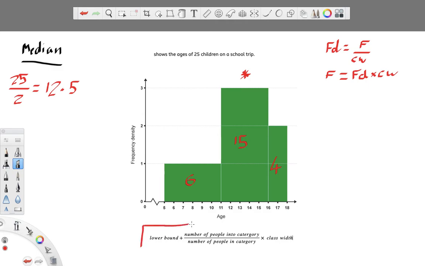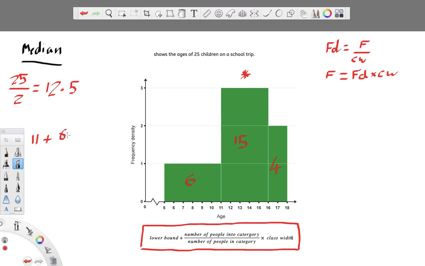So this is to calculate an estimate of the median. We take the lower bound of the category it's in. That's 11. So write that over here, 11. And then we add to that the number of people into the category. Well, if we want the 12.5 student and we've already gone 6 in, 12.5 take away 6 will be 6.5 into this bar here.